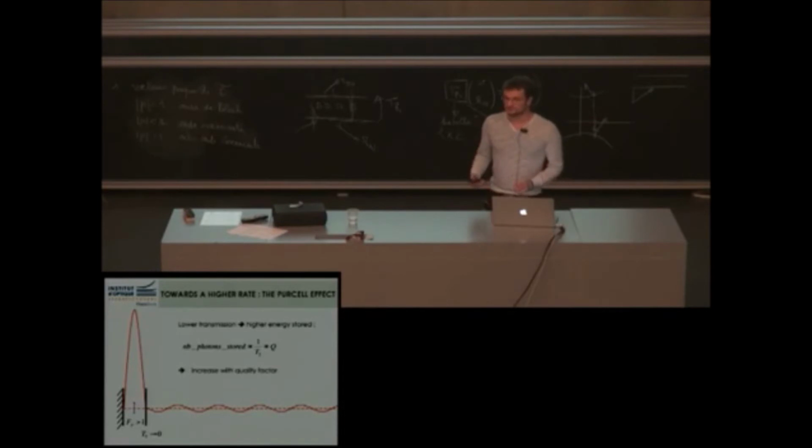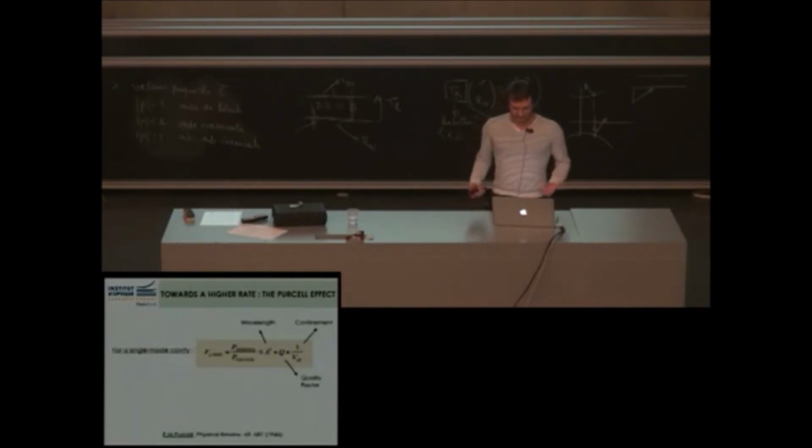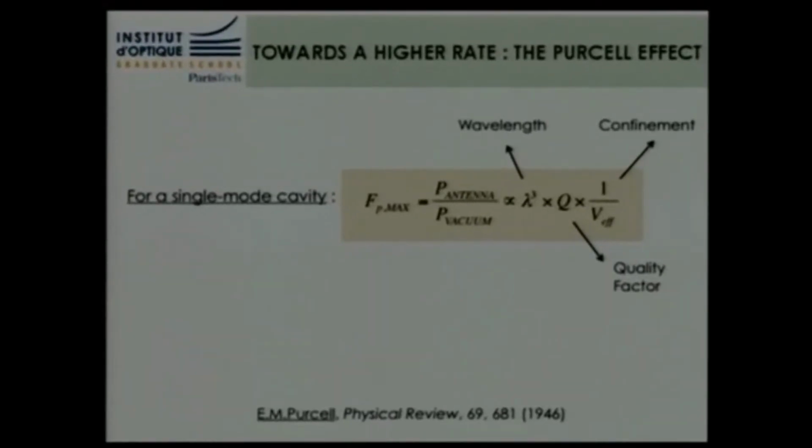And from all those observations, in 1946, Edward Purcell found the exact formula of the enhancement factor of spontaneous emission for a single mode cavity. And this factor is proportional to the product of the cube of the wavelength with the quality factor and with the confinement of the mode.